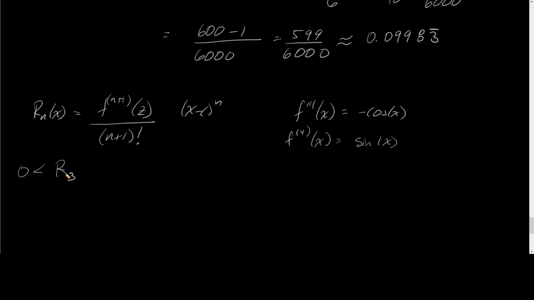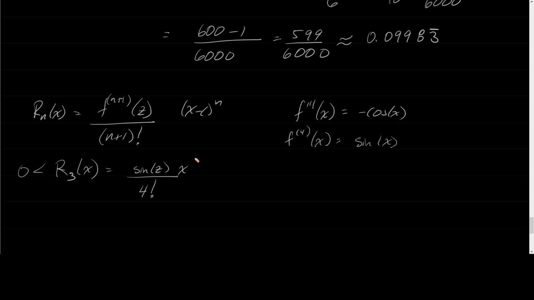I'm putting that sub 3 there because our Maclaurin polynomial was based on the 3rd Maclaurin polynomial. And that's going to be the n plus 1th derivative evaluated at z. So I'm going to get just sine of z over n plus 1 factorial. What was n? n was 3. So over 4 factorial times x minus c. c was 0 because we were doing Maclaurin.